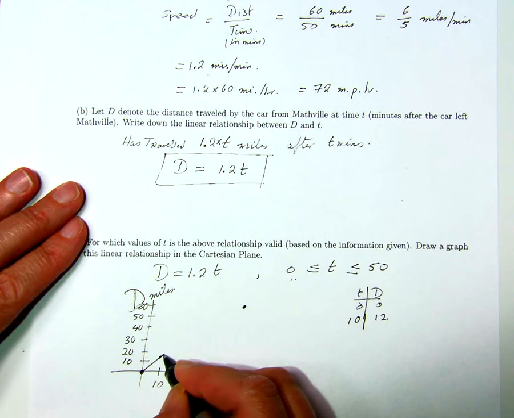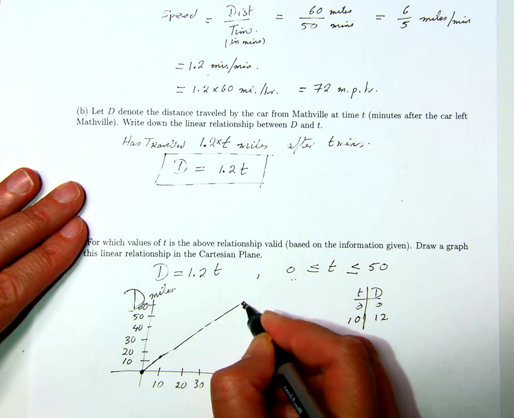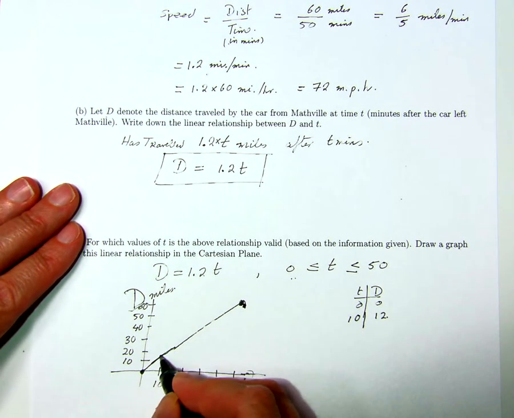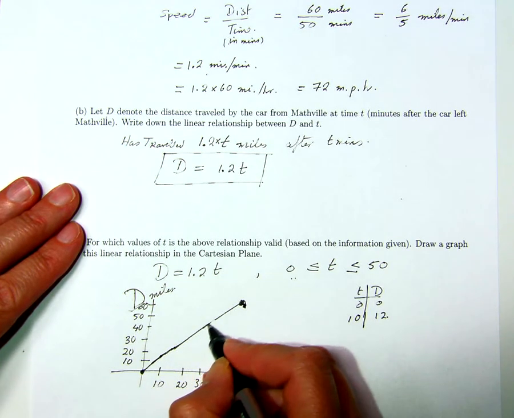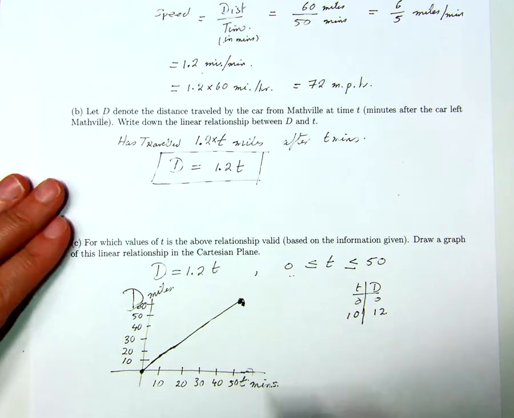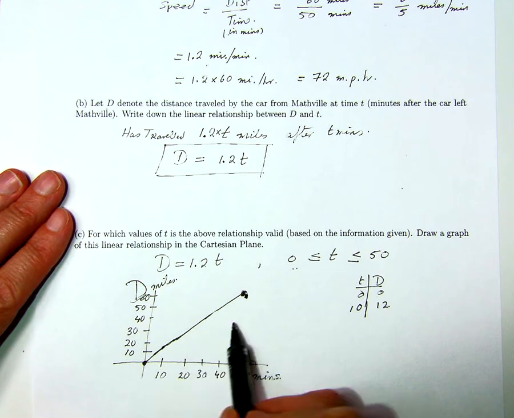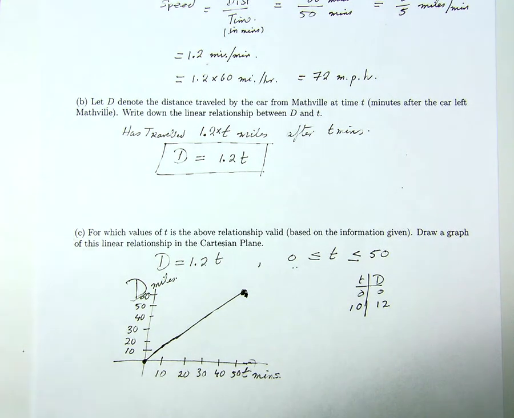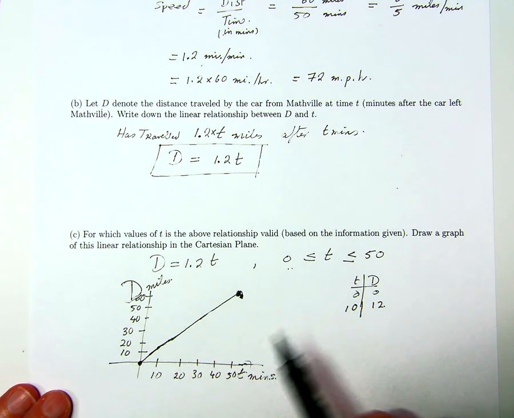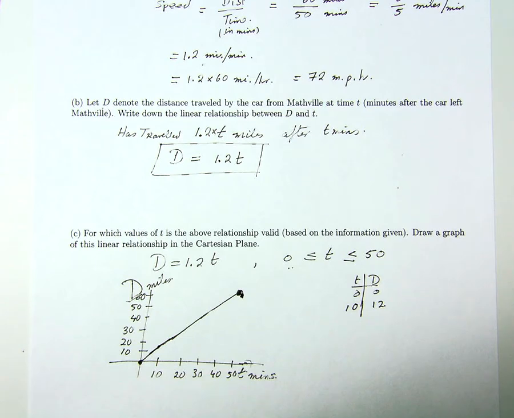Hopefully these 3 points are on a straight line. If not, I've made a slight error in judgment here. And that's the graph of this relationship, and notice that I stopped right here when t was 50 because the relationship ends there, and it begins here at t equals 0. So this is a model of what's happening with this car between 0 and 50 minutes, between Mathville and Calcville.